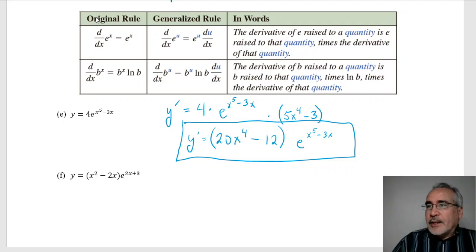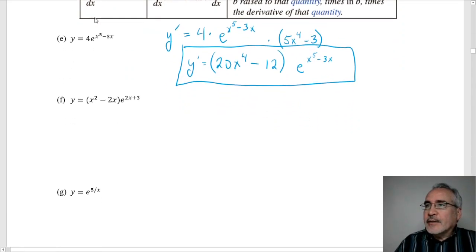Okay, so this one, we're going to deal with not only the chain rule, but also the product rule. Just like we reviewed the last one, let's get a little bit more space up here.